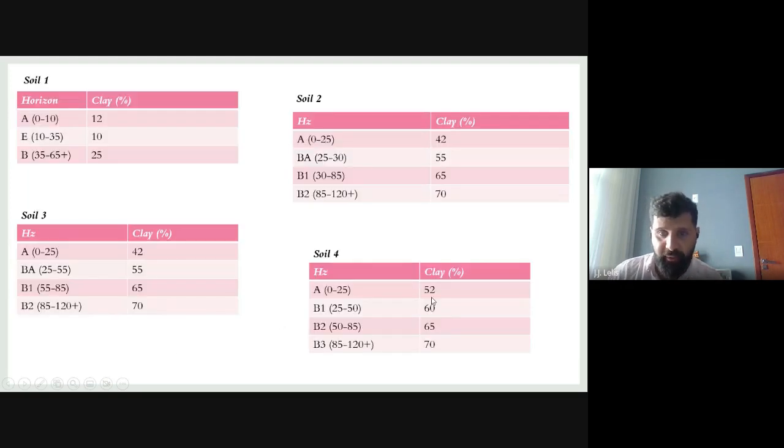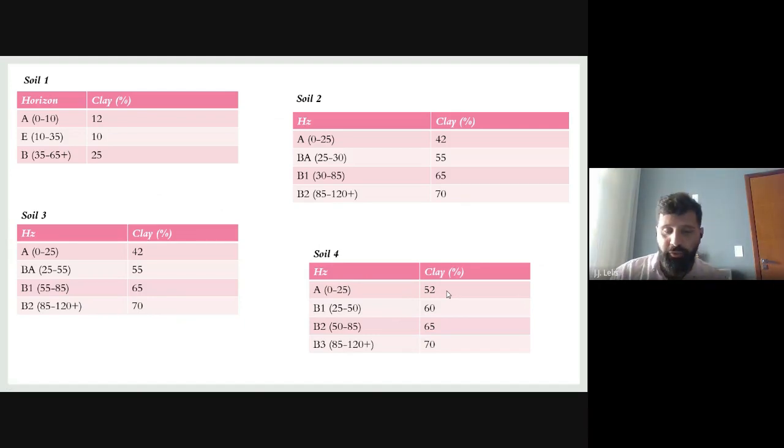So in this case, we have an A horizon that presents 52% of clay, and to identify an argic horizon, we should have a B horizon with at least 72%. That's at least 20% more clay than the A horizon. So in this specific case, the soil number 4 did not present an argic horizon because we don't have the increase of clay content necessary.